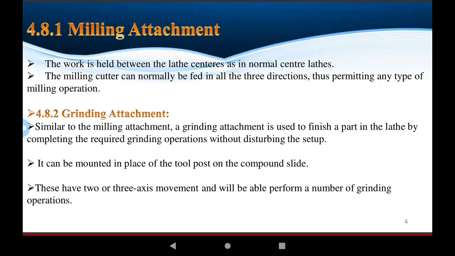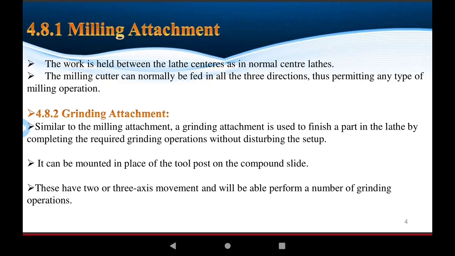Thus it permits any type of milling operation, as is required on milling machines, with the help of special milling tools.